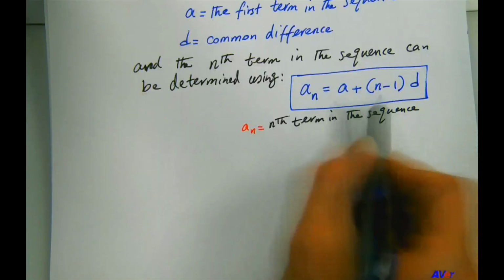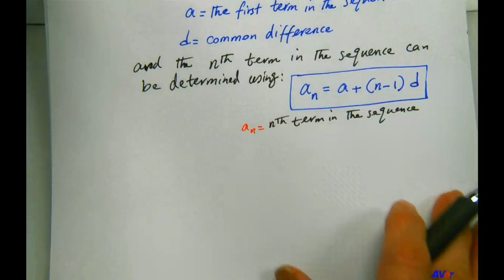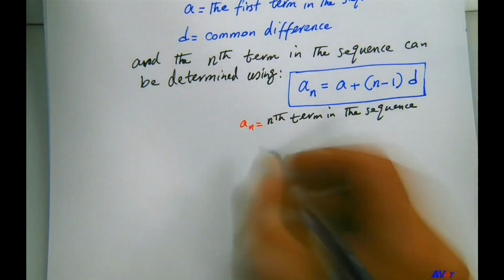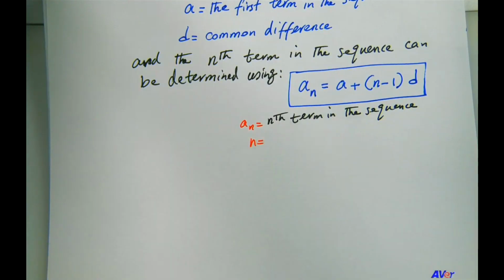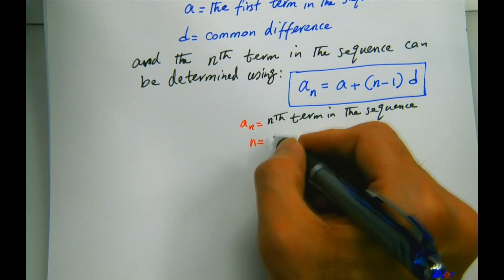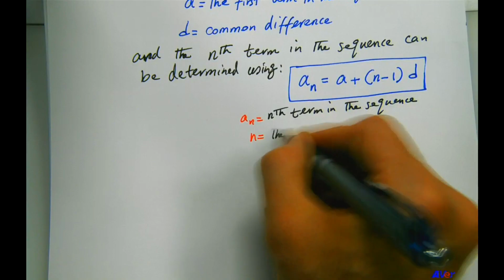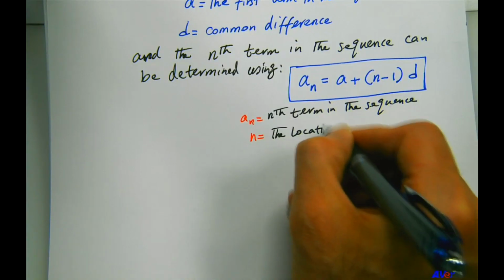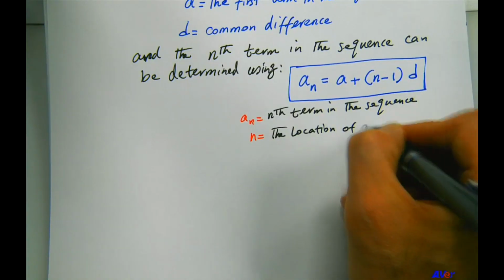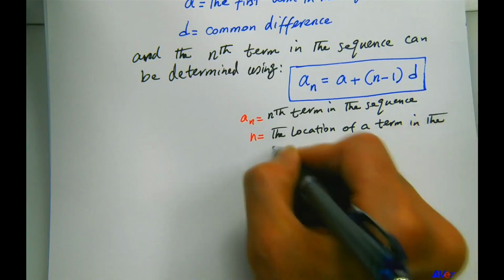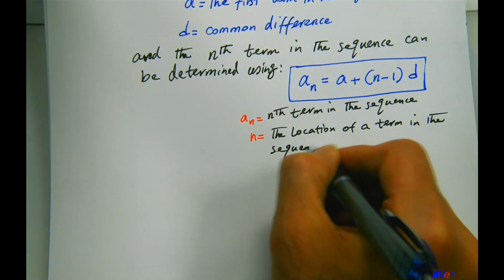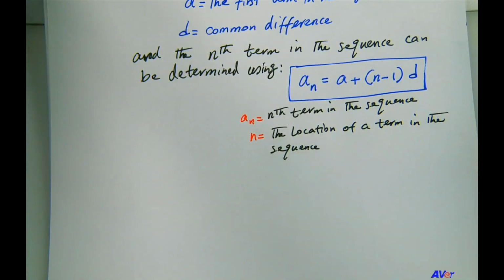So let's define, for the sake of this page only, the variable n also, which, as you know, is the location of a term in the sequence, whether it's the 5th place or 10th place or 15th place. That would be the variable n.